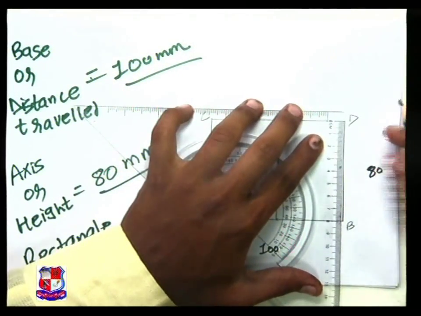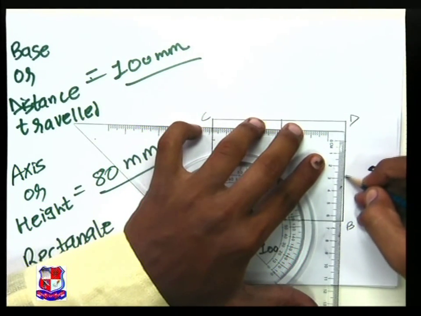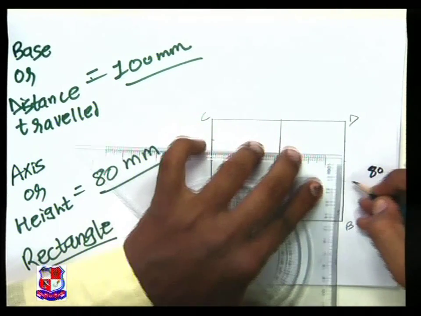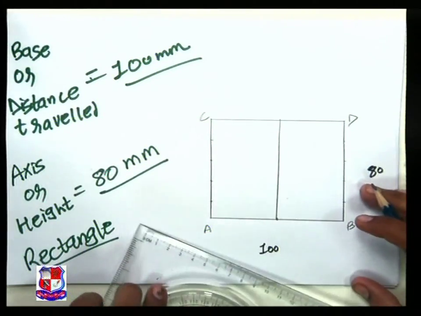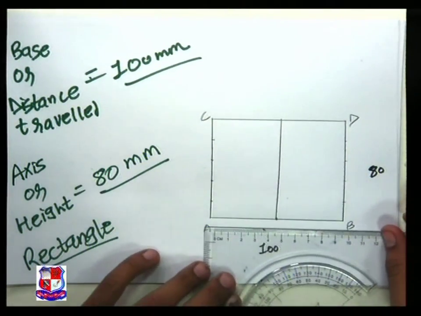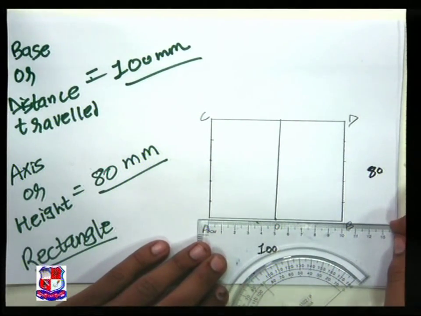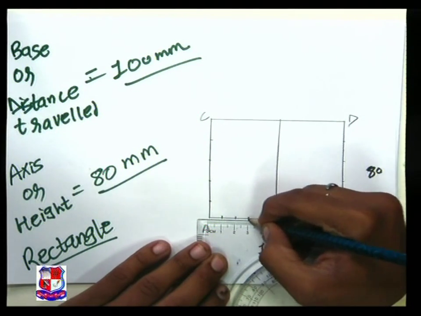BD would be the same altogether, 16 mm each. Now we need to divide OA and OB lines also into 5 equal parts. It would be 10 mm each.